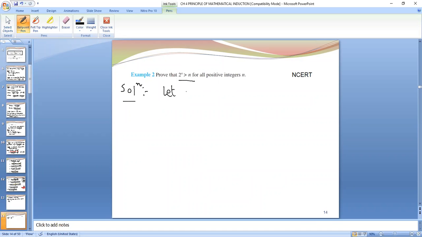So let us take the given statement as Pn such that 2^n is greater than n.